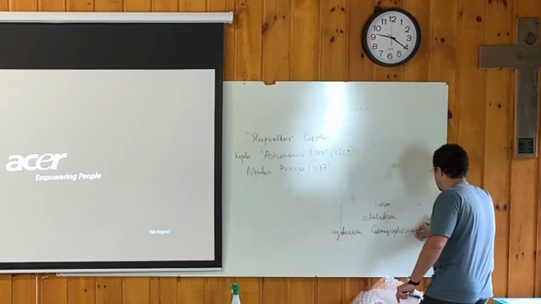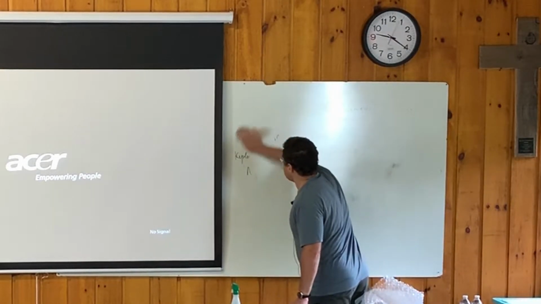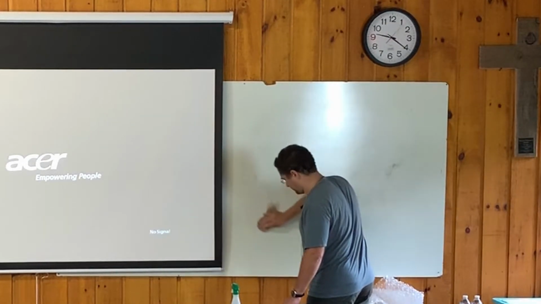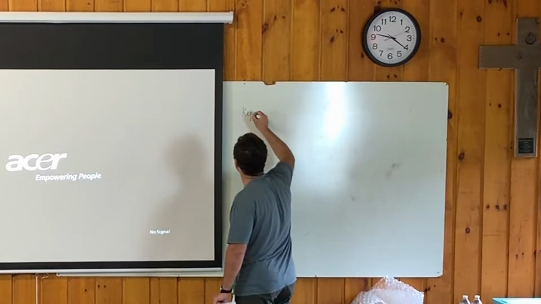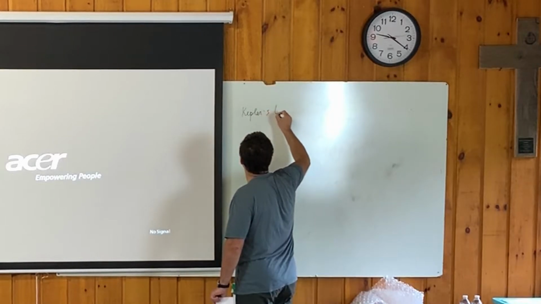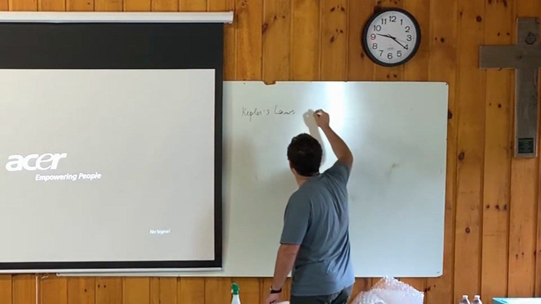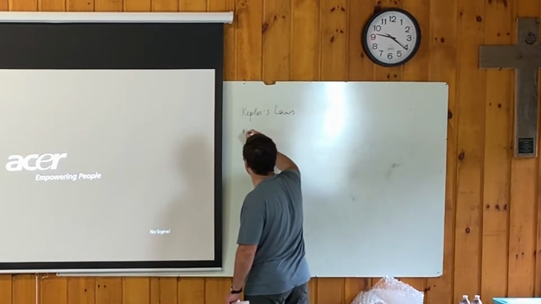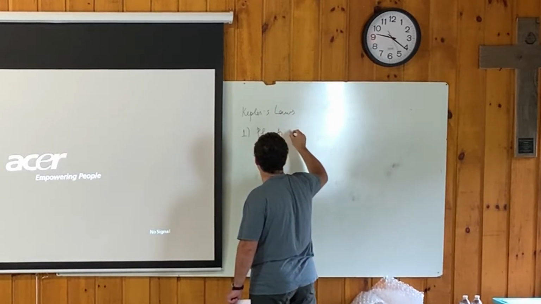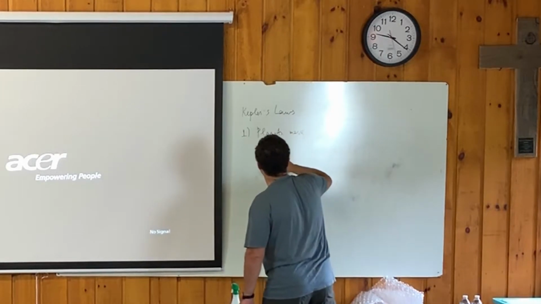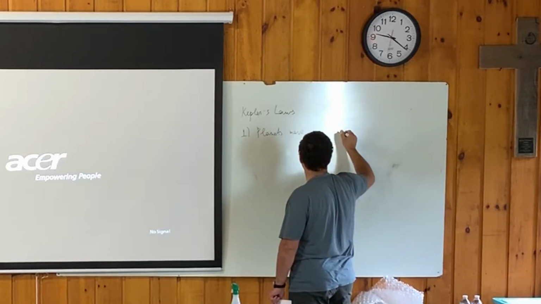Okay, so what are these laws? Now let's talk about this. There are three laws. The first is that planets move on orbits, and each of these orbits is an ellipse.